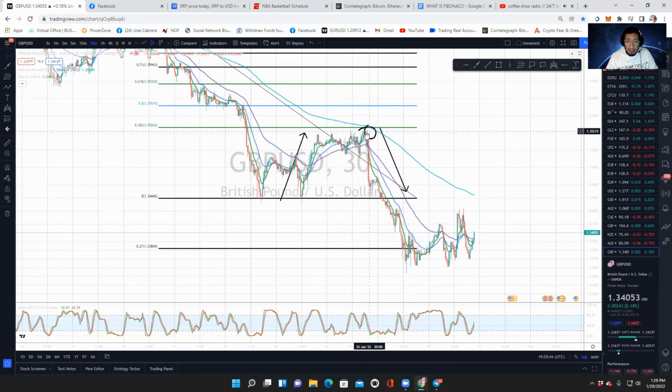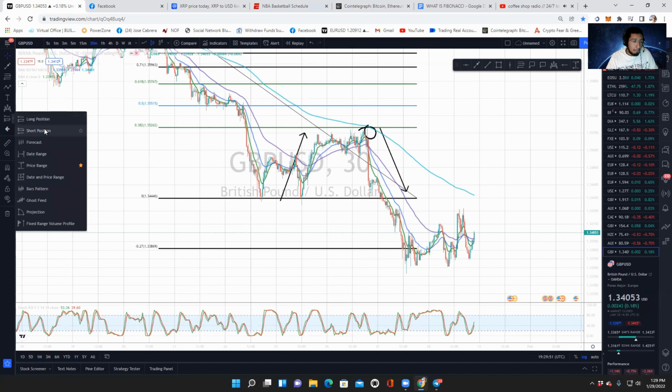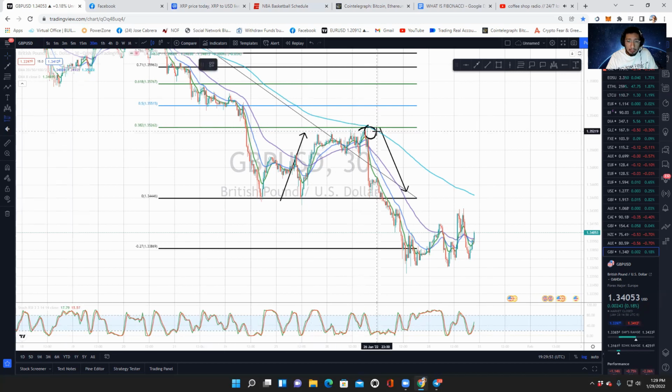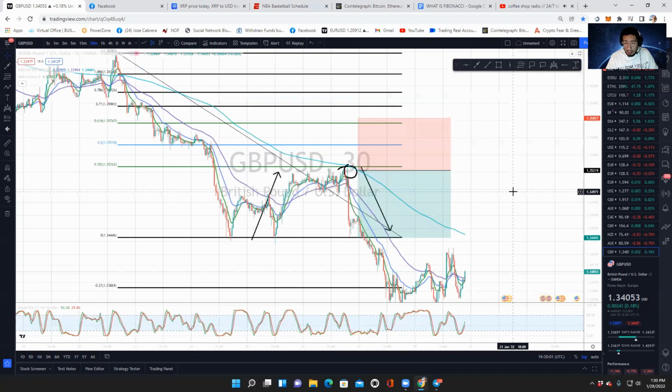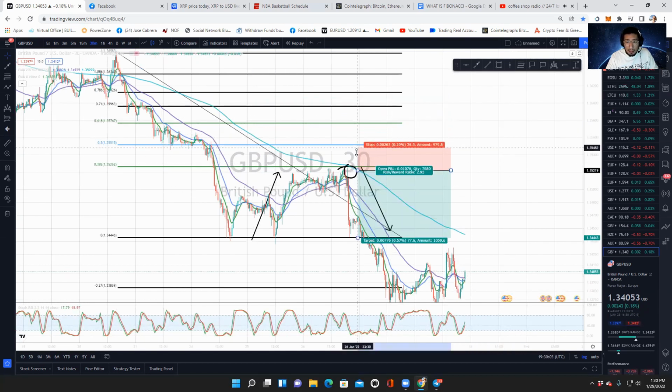Because look, if I would have taken the trade up here, my take profit would have been down here, right at my fib level. And when you're setting up a stop loss, what I like to do is put my stop loss a little bit above that fib level.